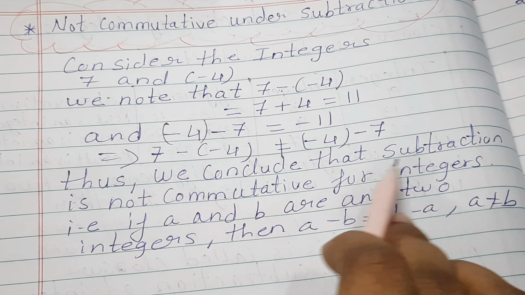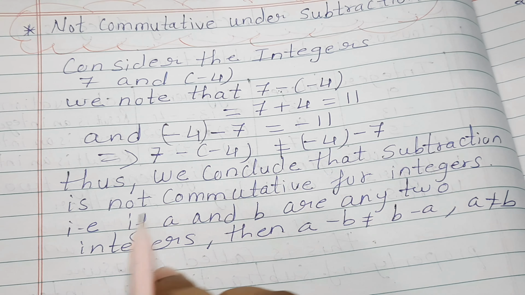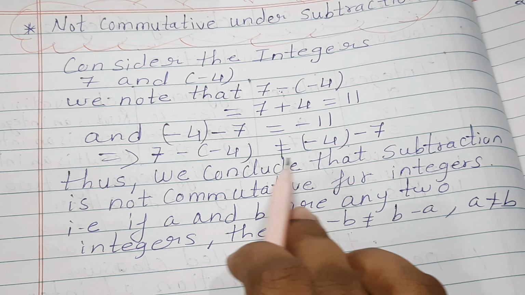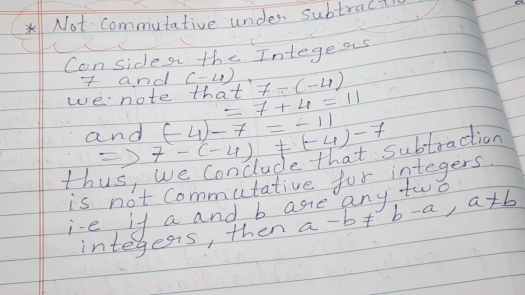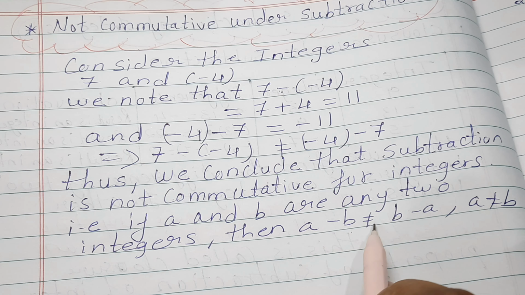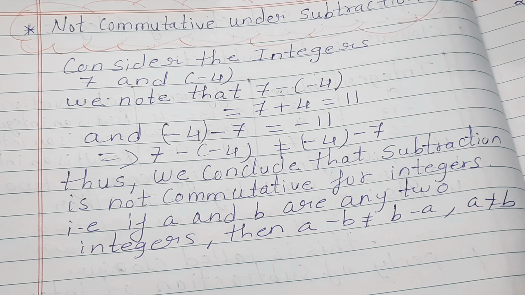We conclude that subtraction is not commutative because they are not equal. We are getting positive, negative here. So a minus b is not equal to b minus a.